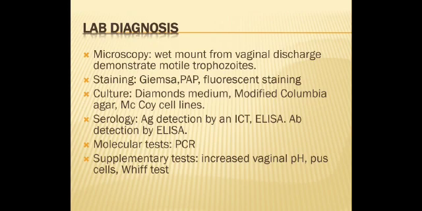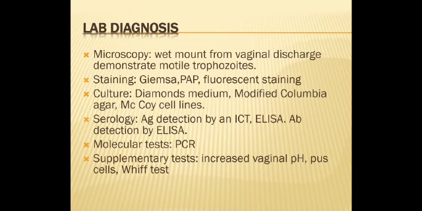Lab diagnosis: again microscopy is the definitive diagnosis; demonstration of the trophozoite on wet mount is the definitive diagnosis. The white discharge can be stained using Giemsa, Pap or fluorescent stain. Culture is again by Diamond's medium, modified Columbia agar, McCoy cell lines, but culture is not for diagnosis, it is only for research.